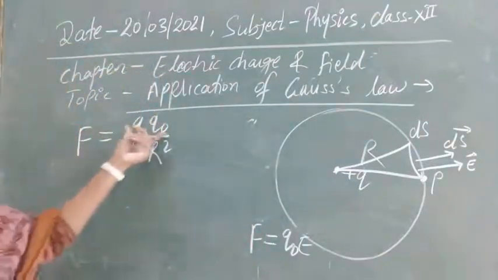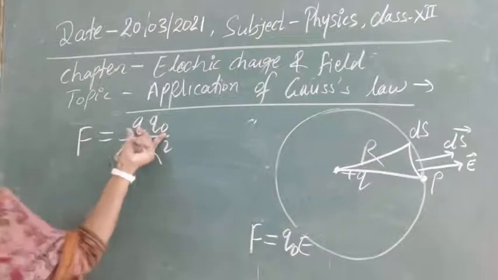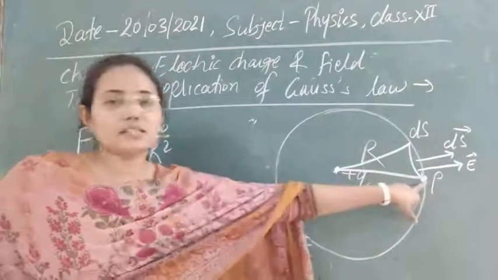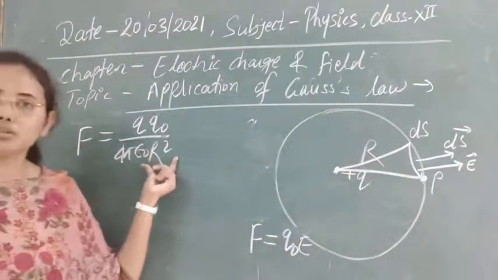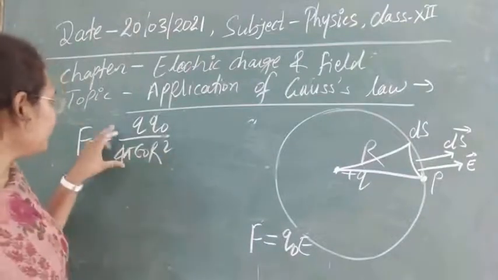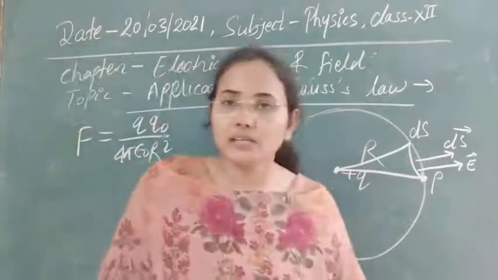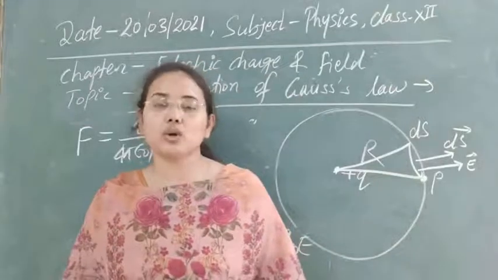And it is inversely proportional to the square of the distance between these two charges, which we have taken as r. The proportionality constant 1 upon 4 pi epsilon naught is also here. So we can easily prove Coulomb's law of electrostatics by using Gauss law also.